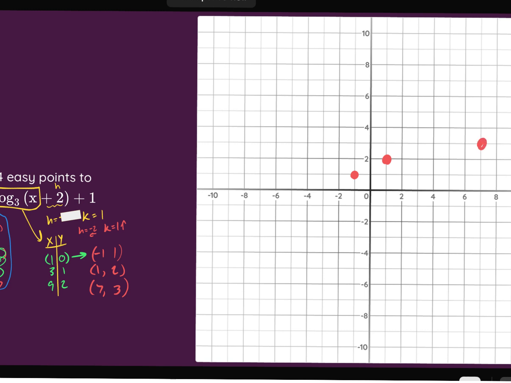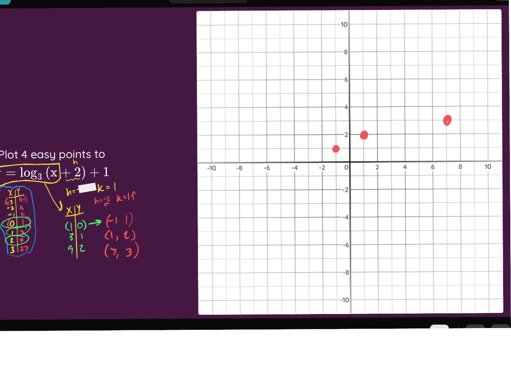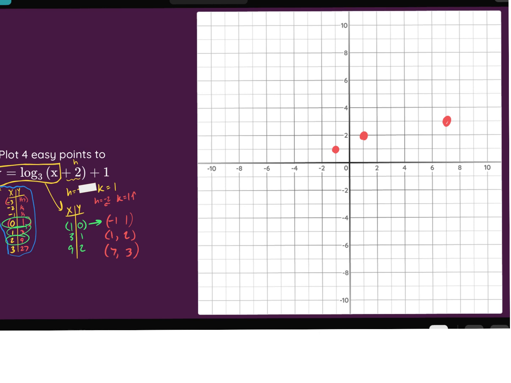Now, that's what you would plot, you get full credit, but where would the asymptote be at? The asymptote would be the vertical line x equals negative 2, okay?